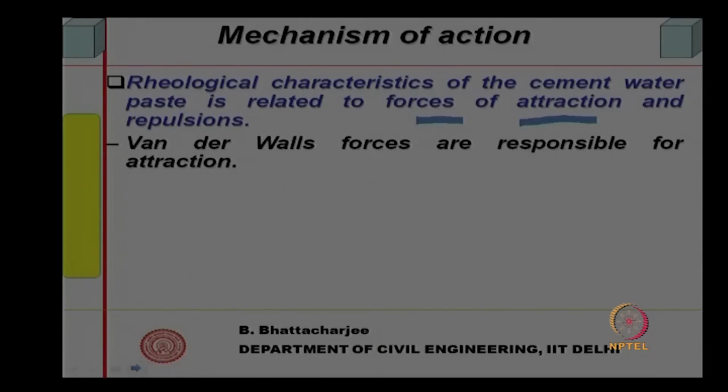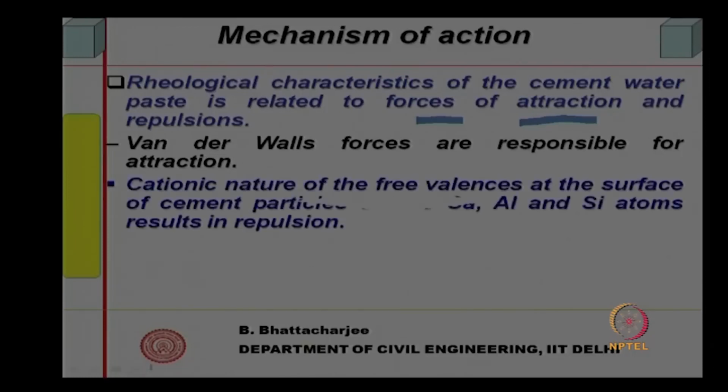Van der Waals forces between the covalent compounds in the cement, as we have seen earlier when we looked into the chemistry of cement, will cause attachment or try to bring them together. So, they are attractive forces, whereas the free surface valences are essentially cationic in nature, because of calcium ion, aluminum, and so on.